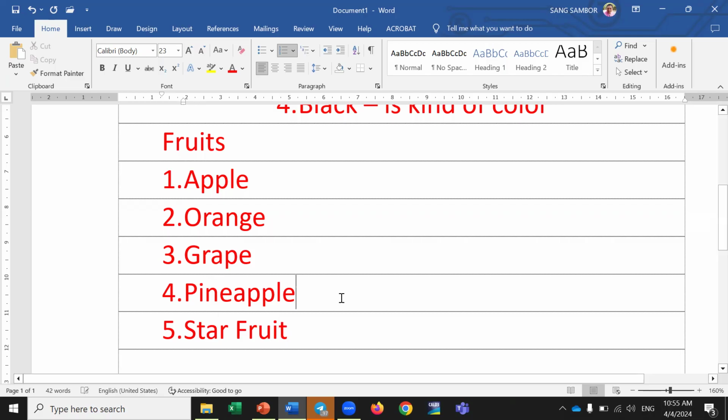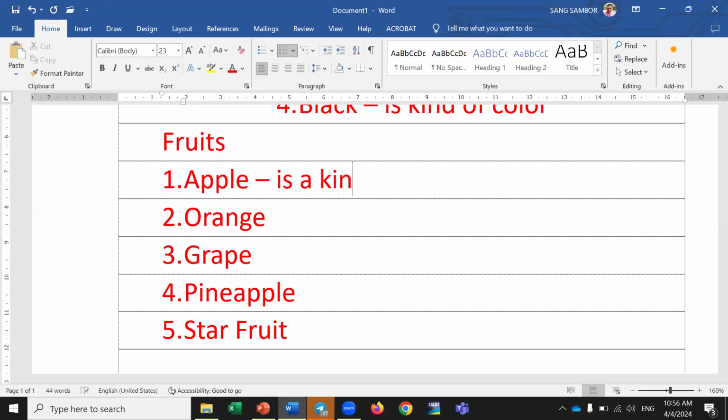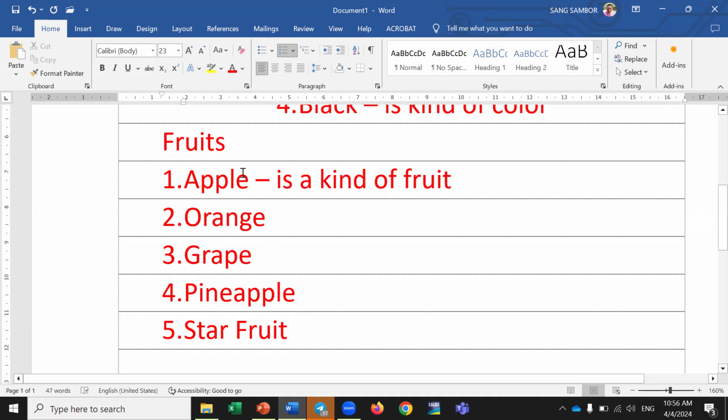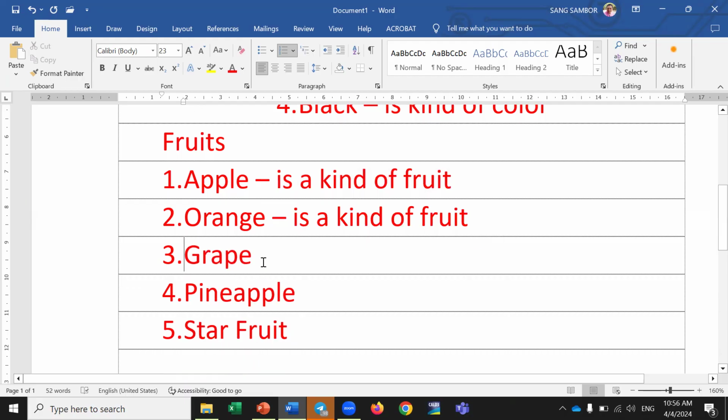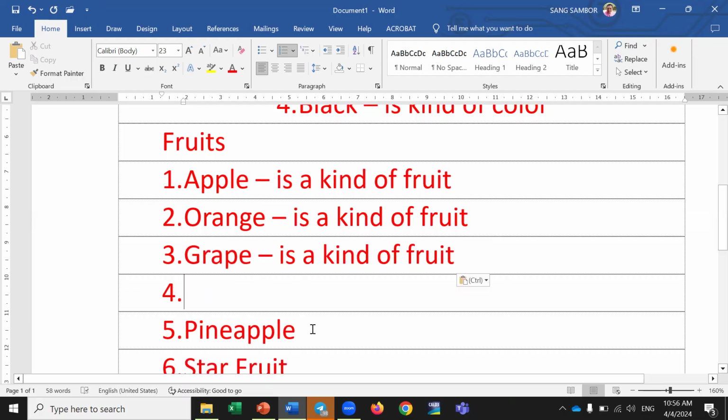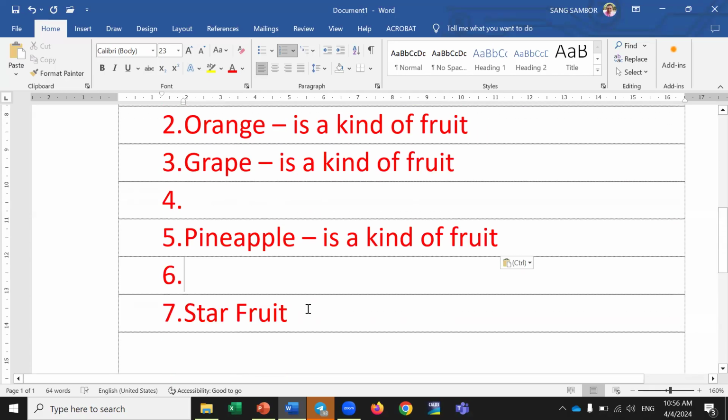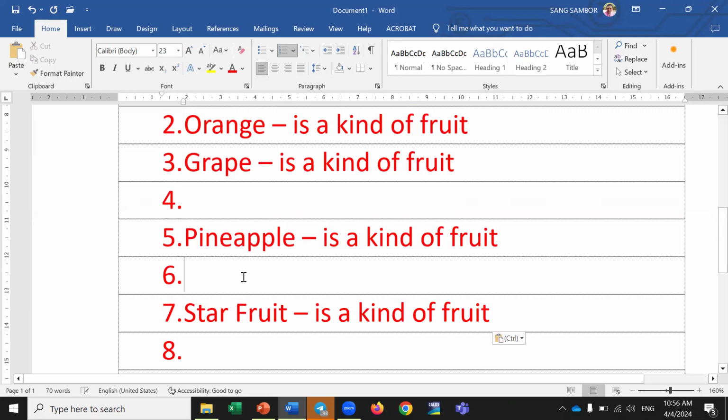So generally you say apple. Apple is a kind of fruit, right? Is that correct? Grape is also a kind of fruit. Pineapple is a kind of fruit. Star fruit here is also a kind of fruit.